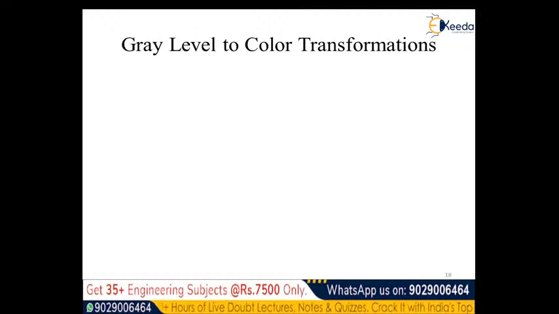So most of the time he will use a trial and error method, assigning different ranges to different colors, and the visualization we obtain at the result side is to be judged. Either you can have juries there, or the design engineer will take the self decision, and having the best visualization obtained for whatever he has been coding for the assignment of the colors, he will select the best one. That is the only thing here.